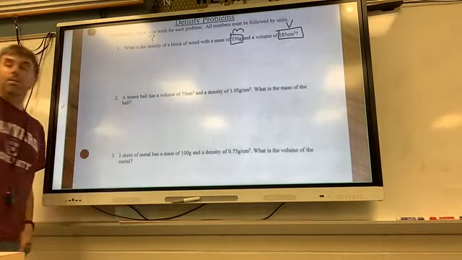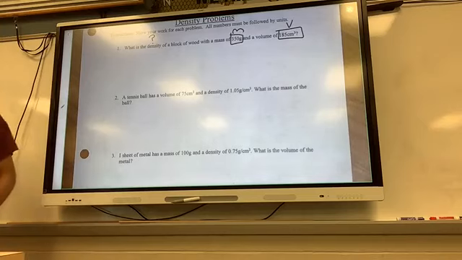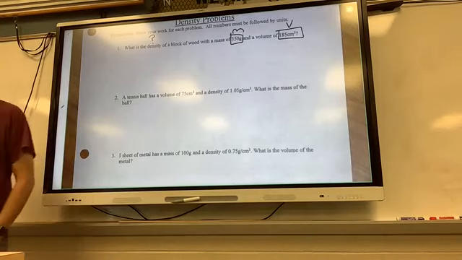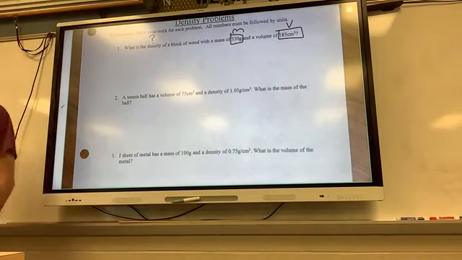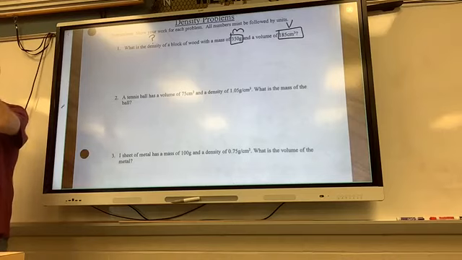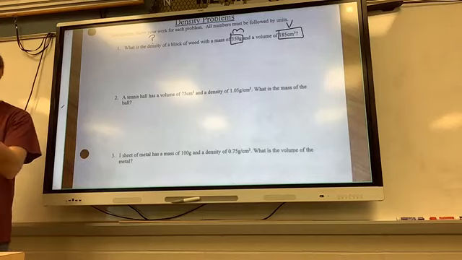So I'm trying to solve for density. Do you see how I circled or squared what I got? It's a good way to mark your problem to say what you got. We're going to be using three-line method. So step one in the three-line method is write the equation.